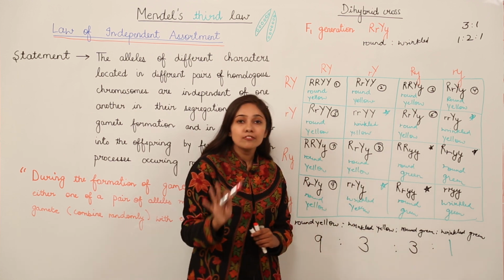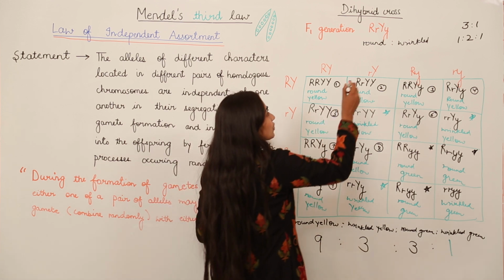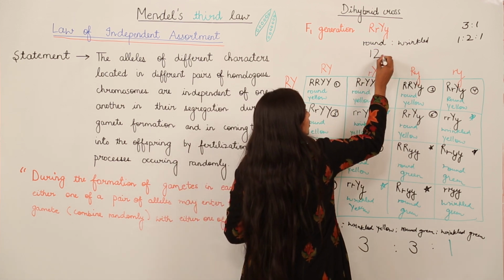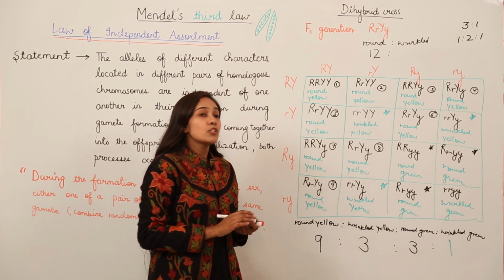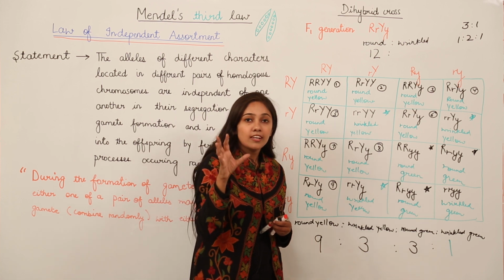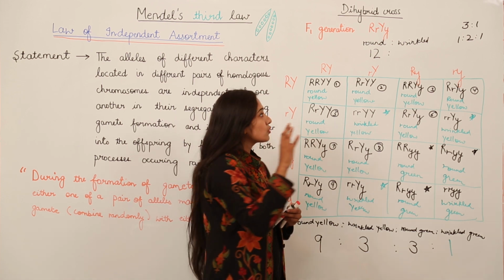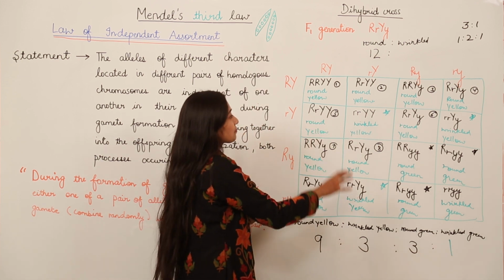So we have 12 combinations out of the 16 that are going to be round from the outer appearance. Superficially, when you look at them, 12 out of the 16 have a round seed shape. Remember, I am going to tell you something very amazing, so please look forward to it.